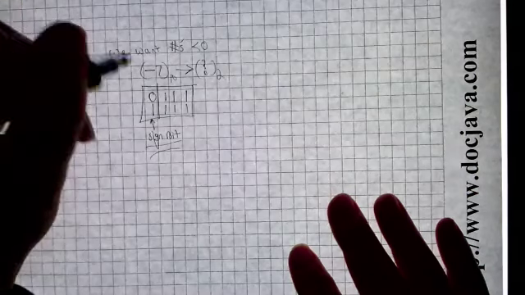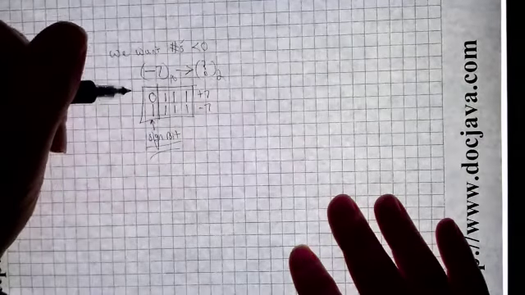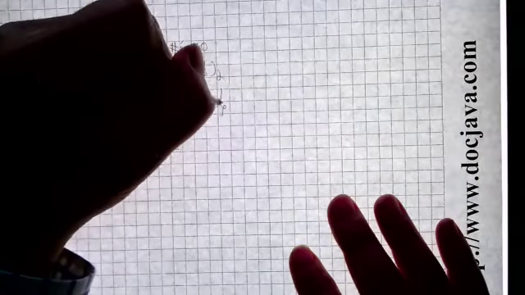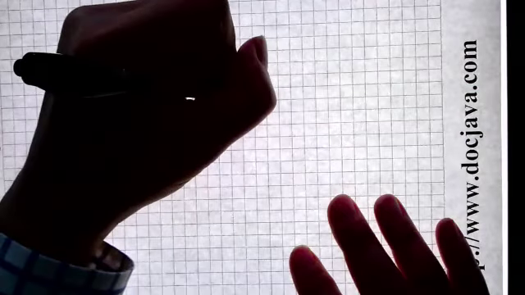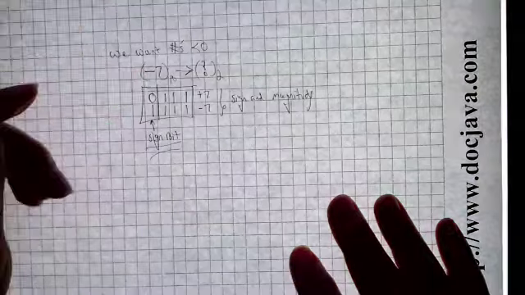And if that's the case, then this is -7 and this is +7. This is called, in the book, sign and magnitude.